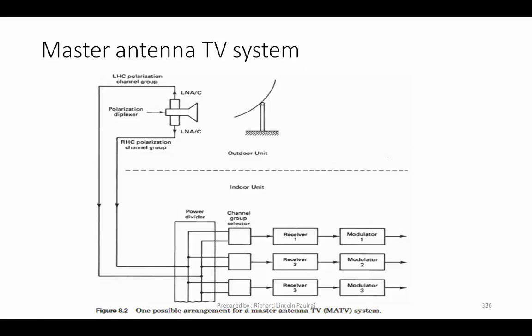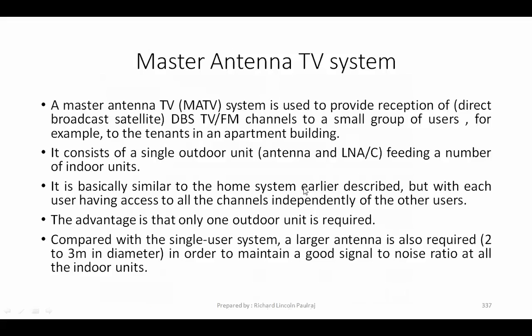In short, this is also called MATV, master antenna television system. The master antenna television system is used to provide reception of direct broadcast satellite, and this is also used for receiving the signals, for example, to tenants in an apartment building.